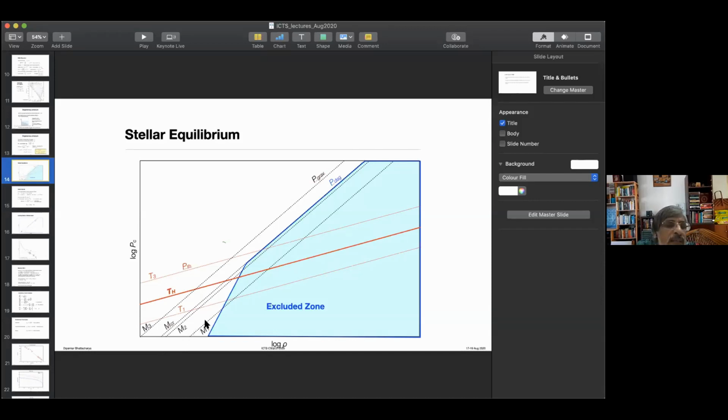So it will keep contracting, and as it contracts, the center will keep getting hotter and hotter. Some of them may get so hot as to burn hydrogen, to do nuclear fusion, and burn subsequent stages also, as we will come to later. But in many of these cases, what will happen is, as the central density is rising, the degeneracy pressure also is rising.